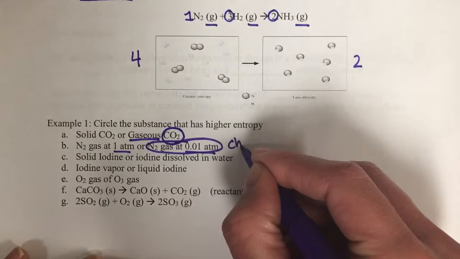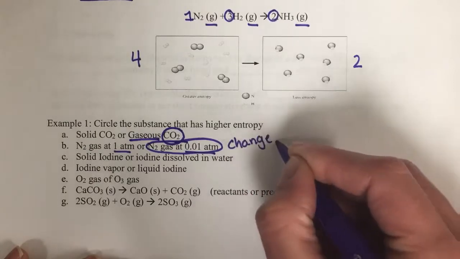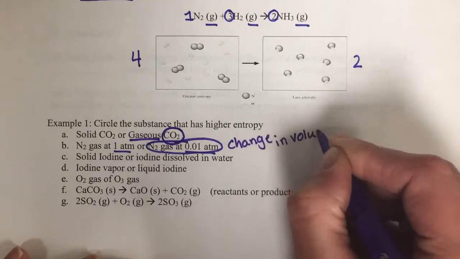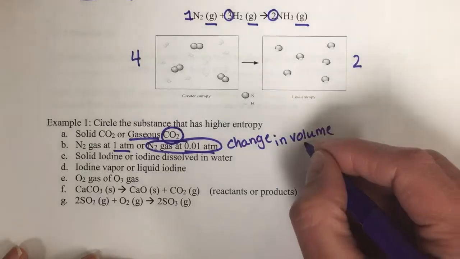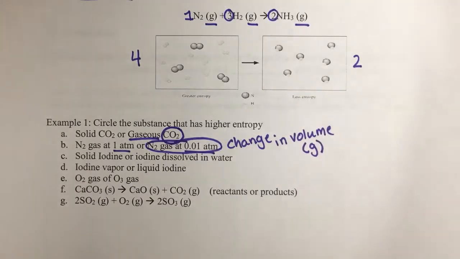Okay? Change in volume only affects gases. Because remember, for solids and liquids, the volume doesn't depend on the size of the container, but because my gas can spread out, it can become more random.